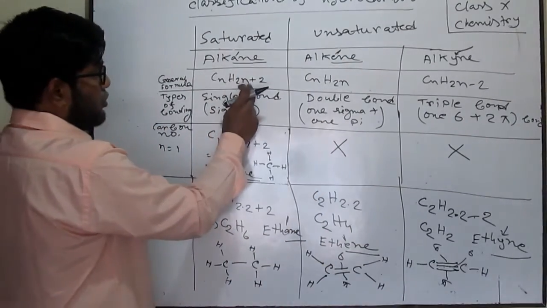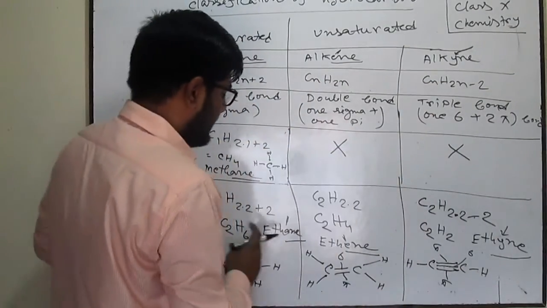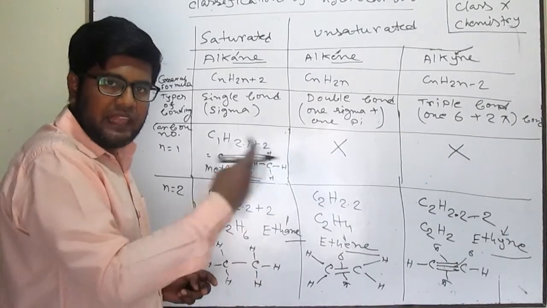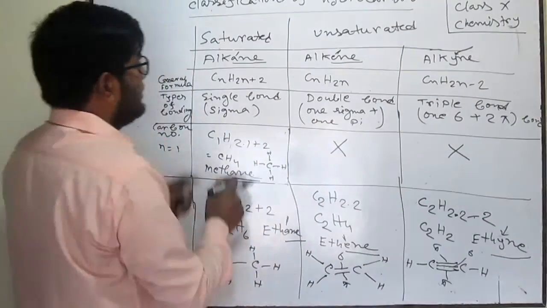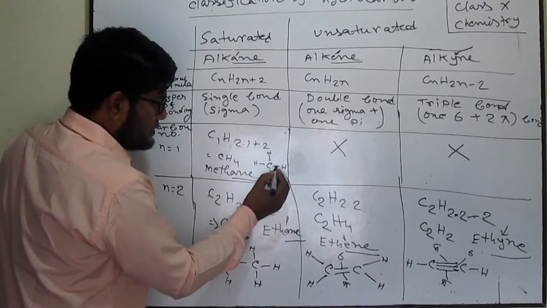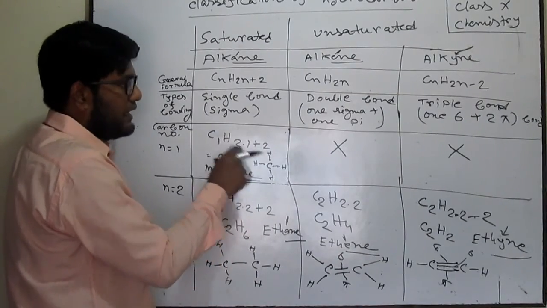By applying this formula, in case of alkane, in case of alkene, in case of alkyne, we can make different compounds. Only for saturated compounds, there should be single bonds. No pi bond will exist in case of alkane.